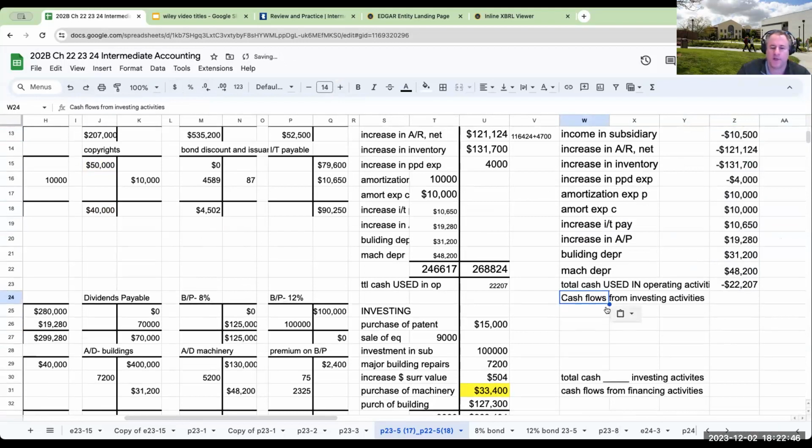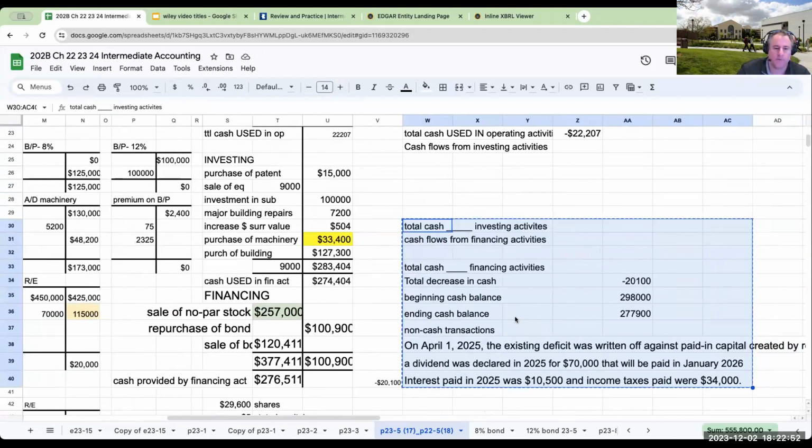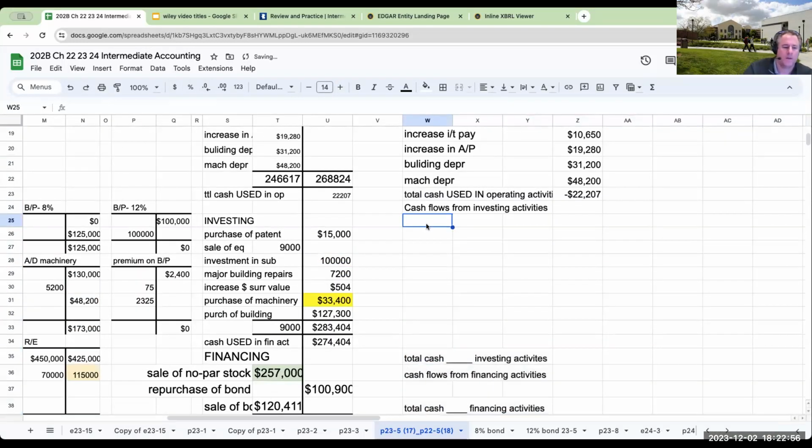Okay, so right over here for investing, we're just going to give ourselves some more room. Again, when it's coming over here, if it is a credit on the T account, I'm going to show this as a negative amount on the cash flow.